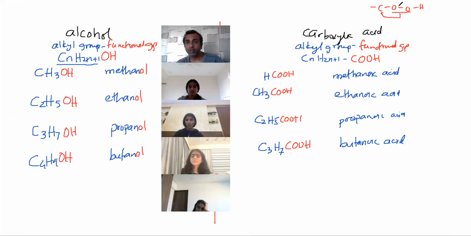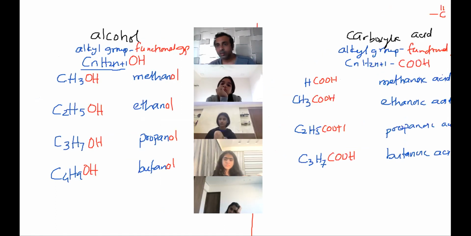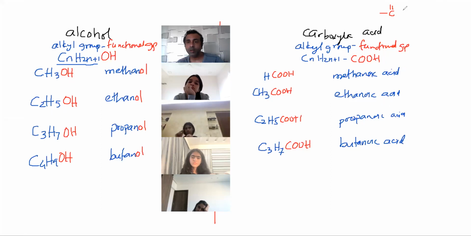The two oxygens are not bonded to each other. Carbon is bonded to one oxygen by a double bond and one oxygen by a single bond. And the oxygen which is bonded by single bond is further bonded to hydrogen. So COOH is like that. Is that fine?